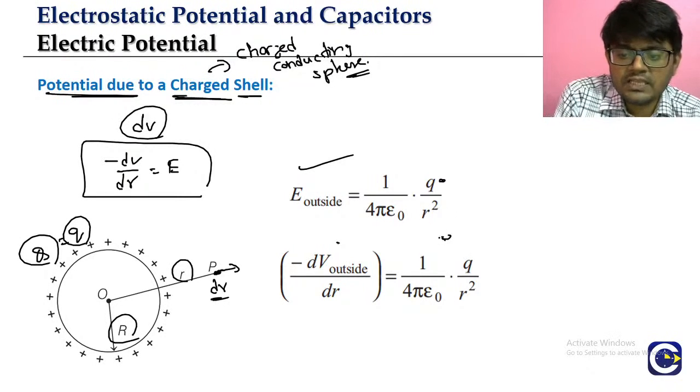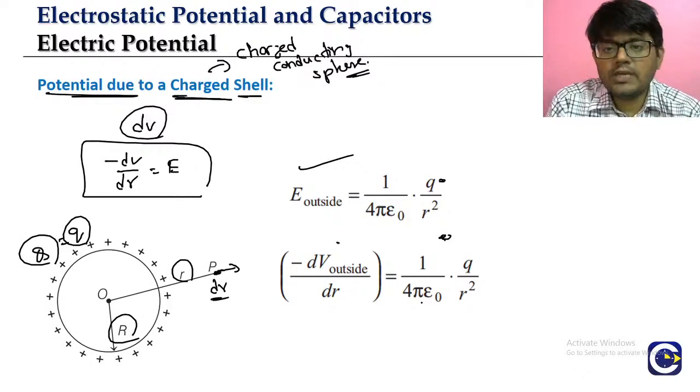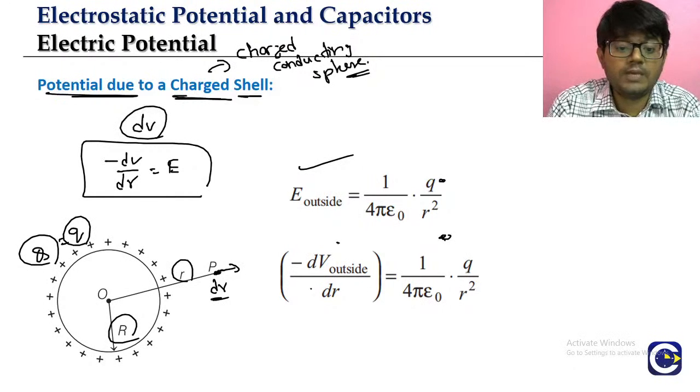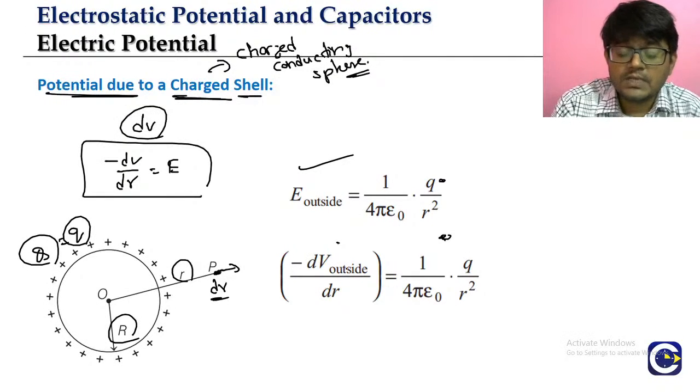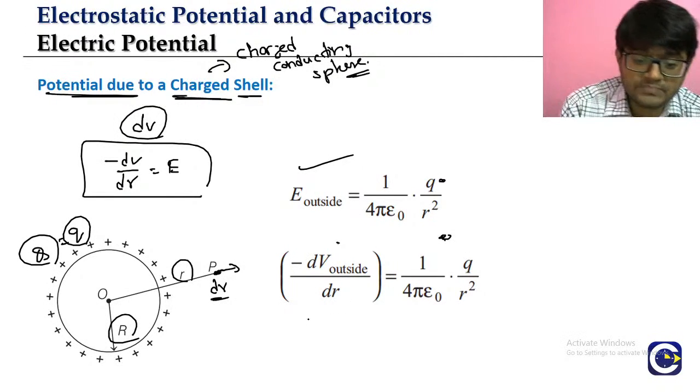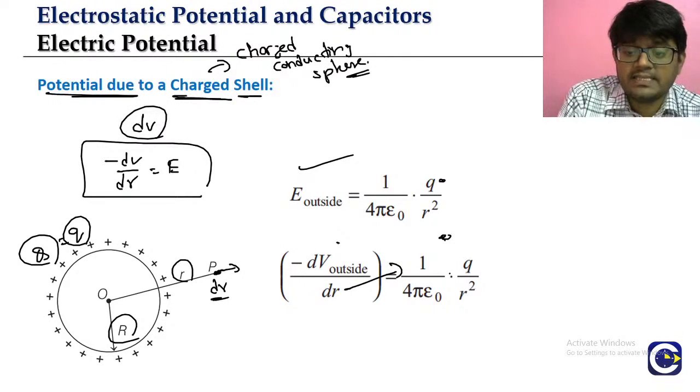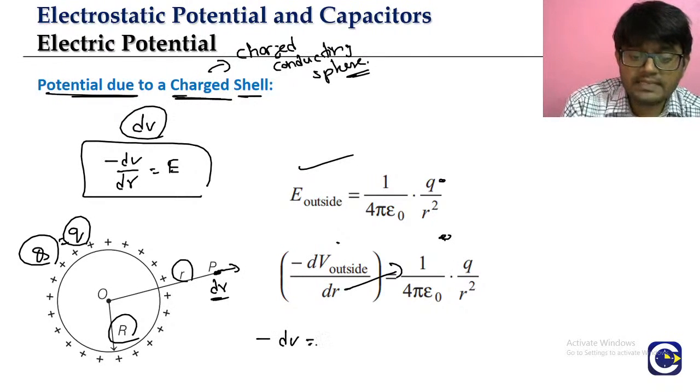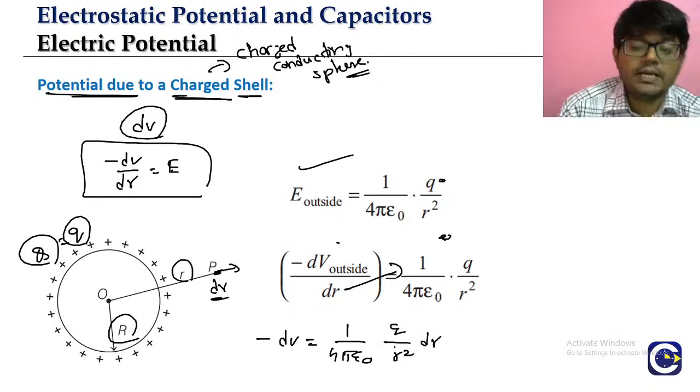The electric field value is 1 by 4 pi epsilon naught q by r square. We rearrange it: minus dV is equal to 1 by 4 pi epsilon naught q by r square into dr.